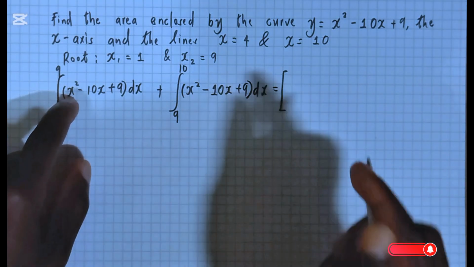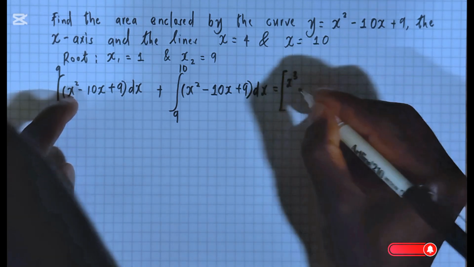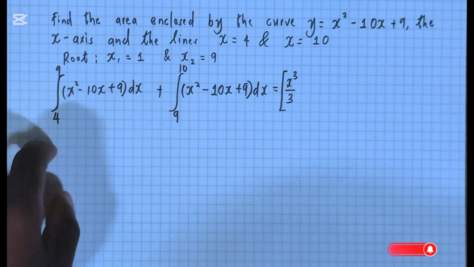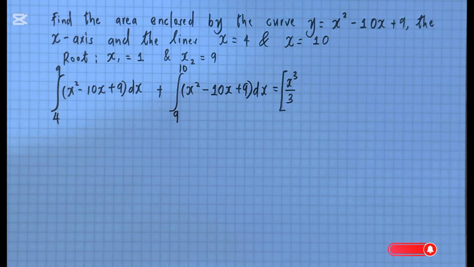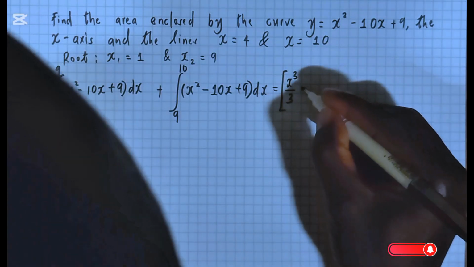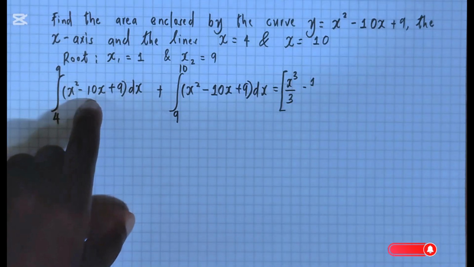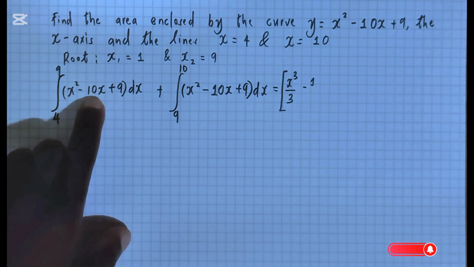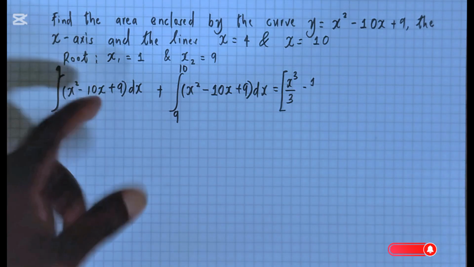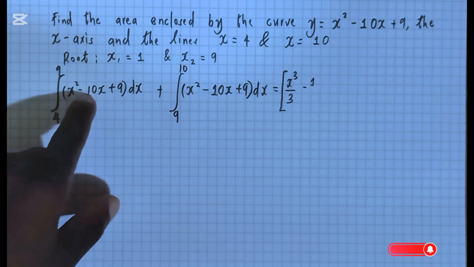When integrated, x squared becomes x cubed, and we divide by the new power, which is 3. Then minus: when you integrate negative 10x, the power of x is raised to 2, as it's 1 plus 1, so we divide by 2.